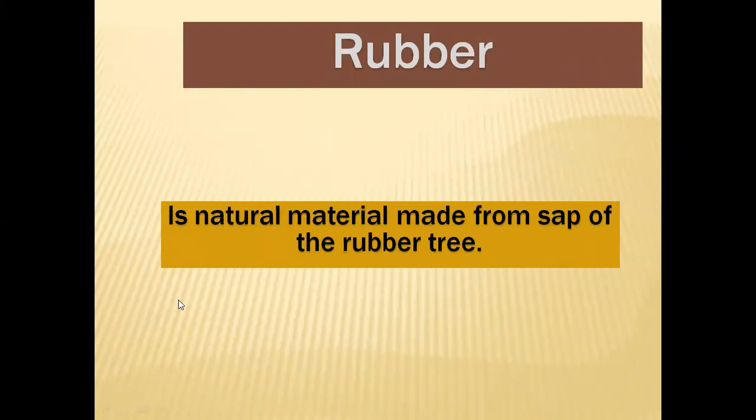So now we are saying that rubber is a natural material. What is the meaning of natural? It means nature has made the rubber. Humans cannot make rubber. So rubber is a natural material made from sap of the rubber tree.